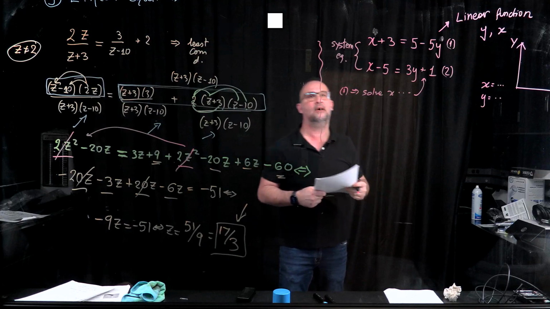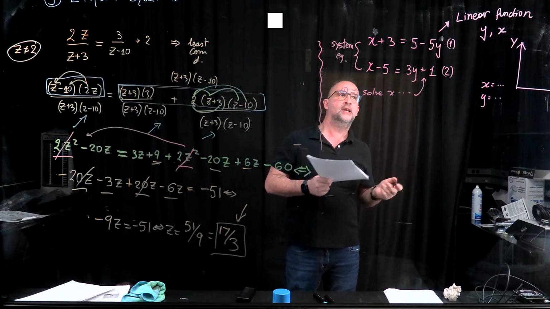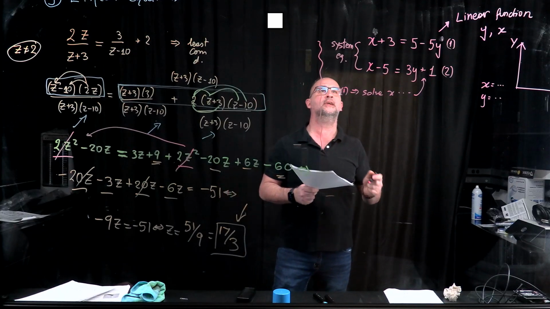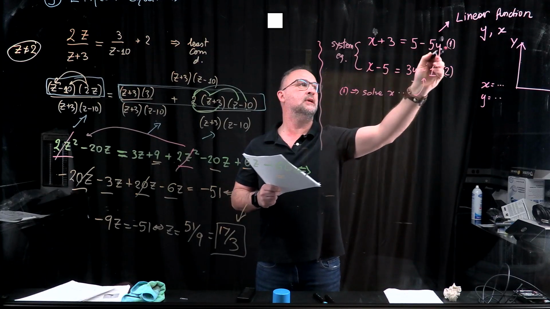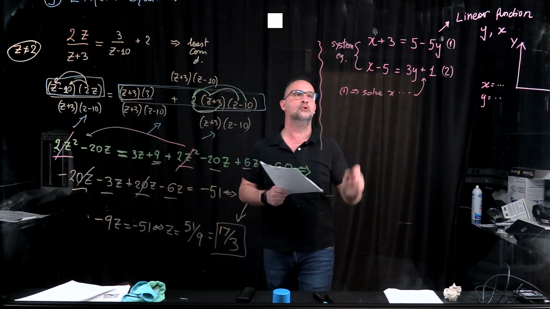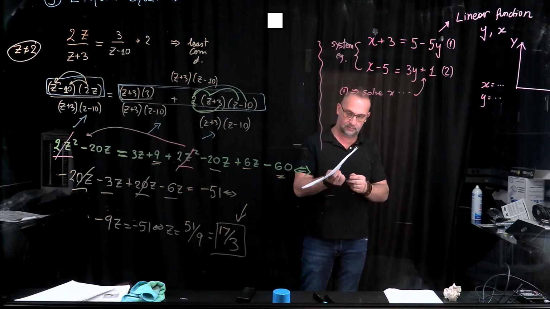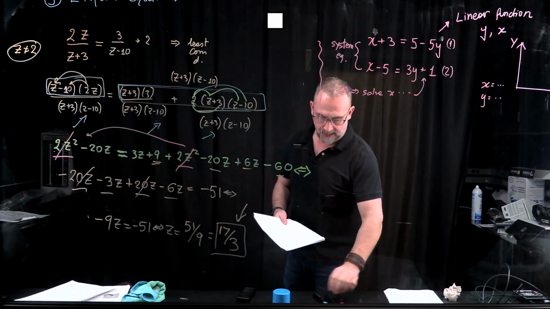That's one way to go about it, but there are a few tricks that it's always good to have up your sleeve. You can see that if you were to subtract equation 1 from equation 2, the x's right out the gate will cancel out. So this is what we're going to do. Let's see how this is done.